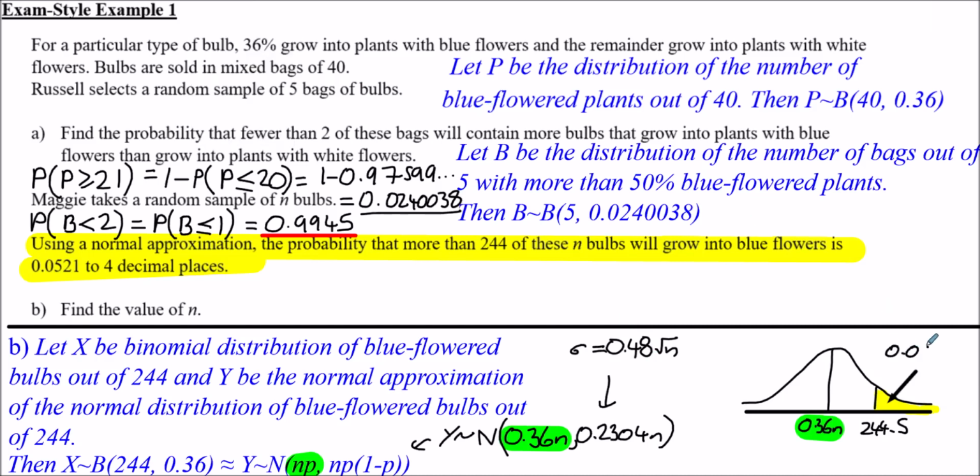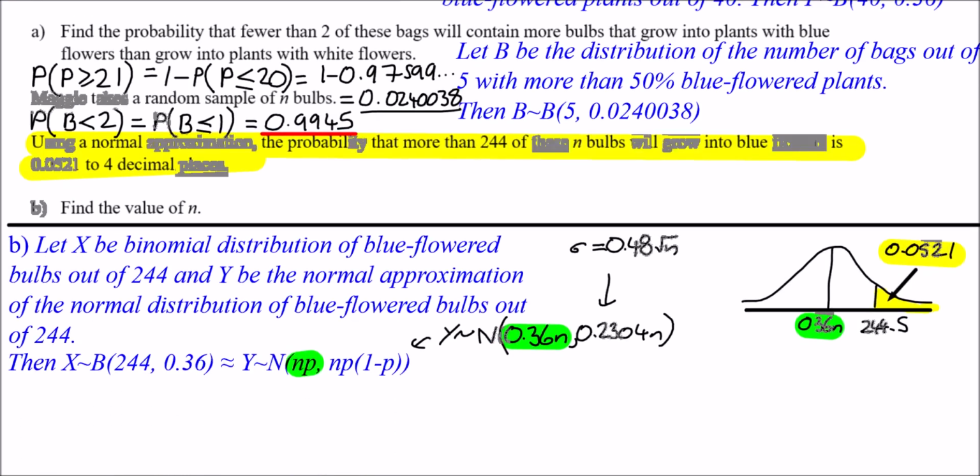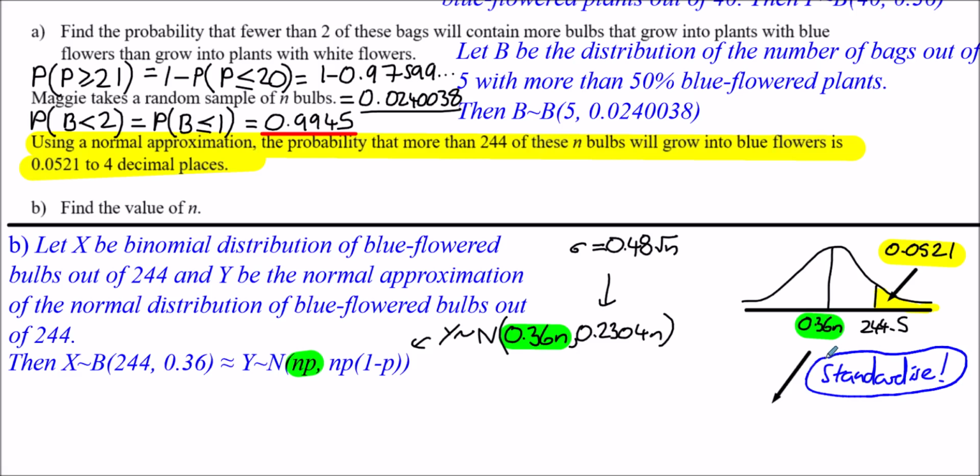We now need to standardise this normal approximation Y. So if we take all of this and standardise it, we need to just remember how to standardise a normal. So we subtract from all points the mean, and then we divide by the standard deviation.